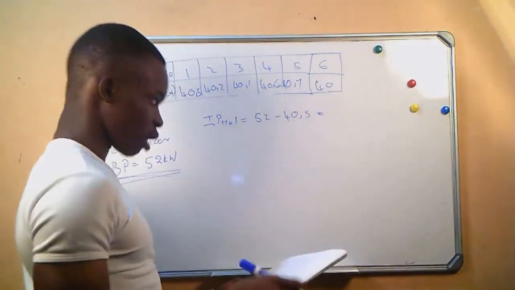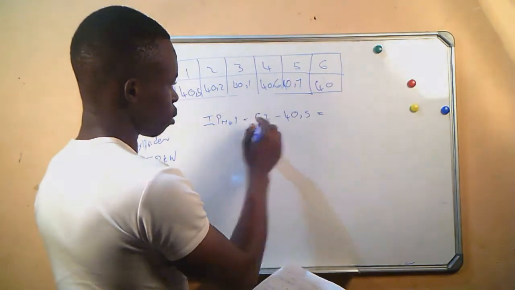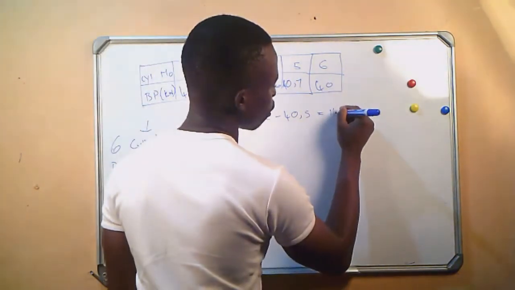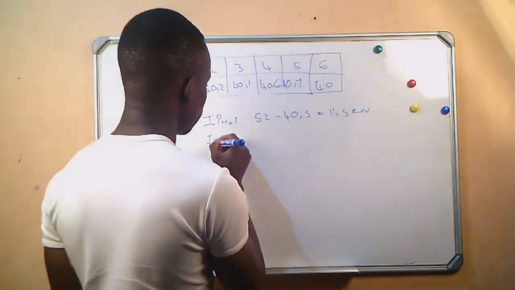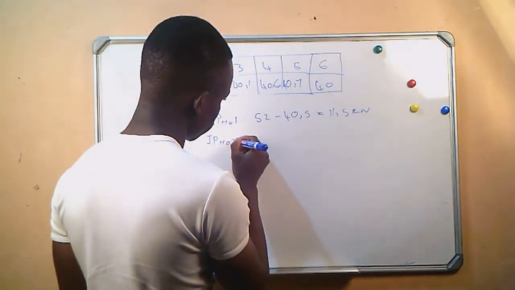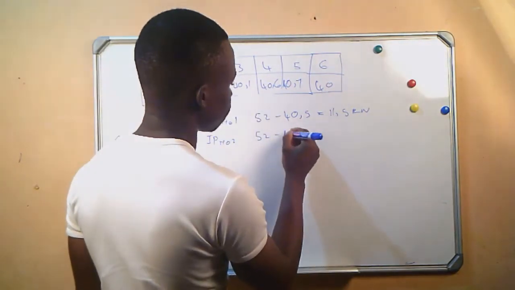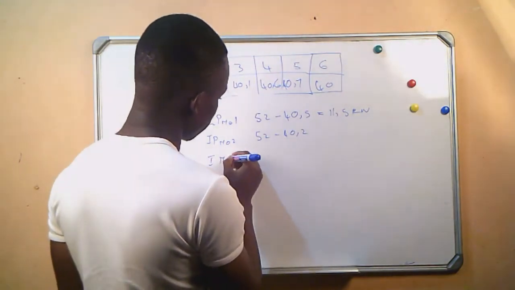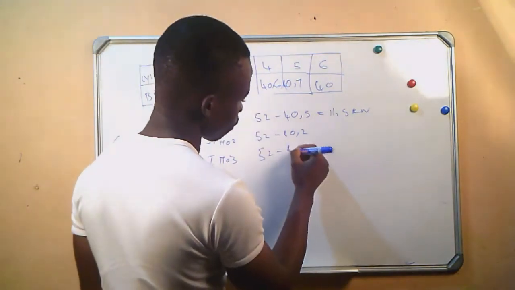Here we are going to get 11.5 kilowatts. We go to IP number 2. It's 52 minus 40.2. IP number 3, 52 minus 40.1.